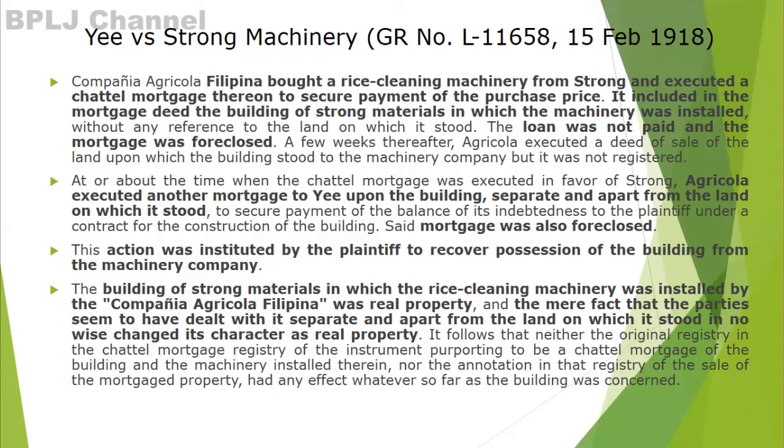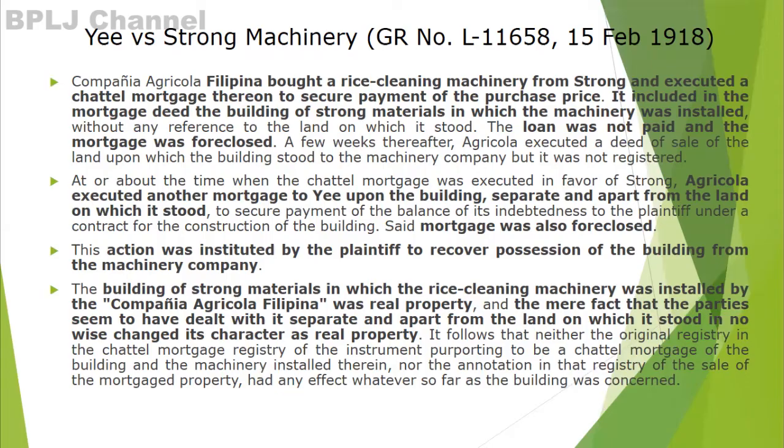So in this case, Agricola bought a rice cleaning machinery from Strong. So the rice cleaning machinery became the subject of a chattel mortgage to secure payment of the loan. It included in the mortgage deed the building of Strong Materials in which the machinery was installed.